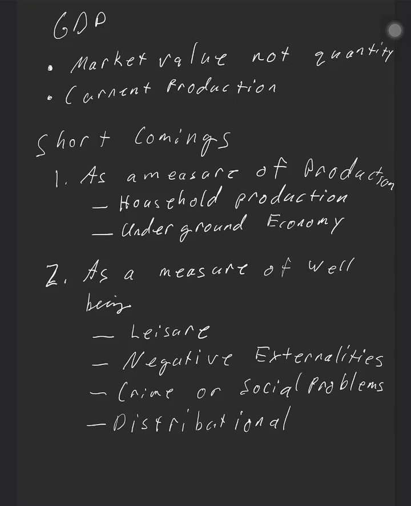Next is negative externalities. A lot of these could actually be directly related to production. You've got two countries, they're exactly identical. One produces more, but it pollutes its environment more. Are those people necessarily going to be happier? Not necessarily, and not necessarily in either direction.